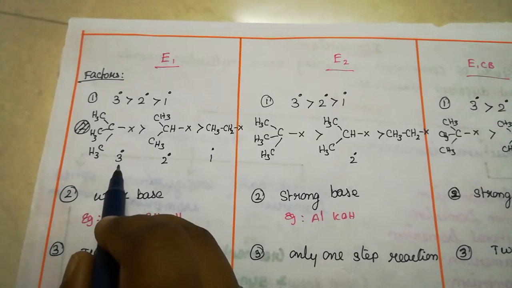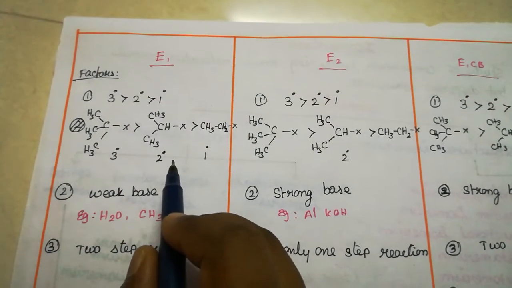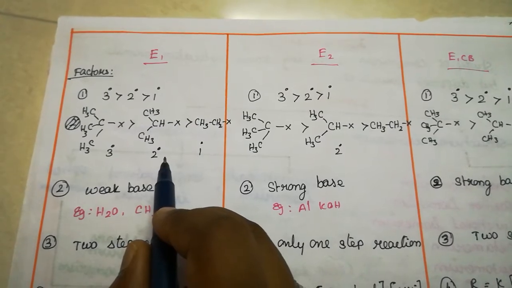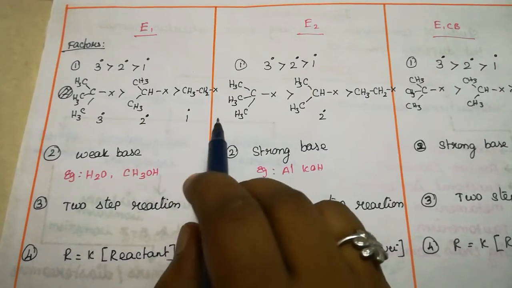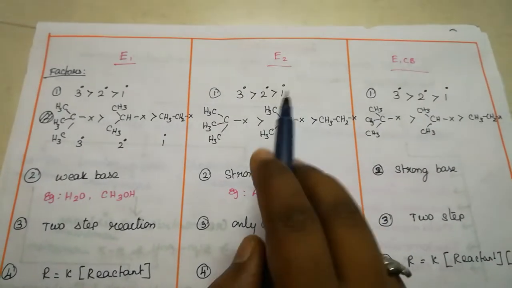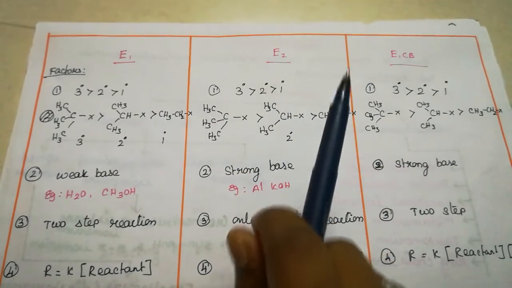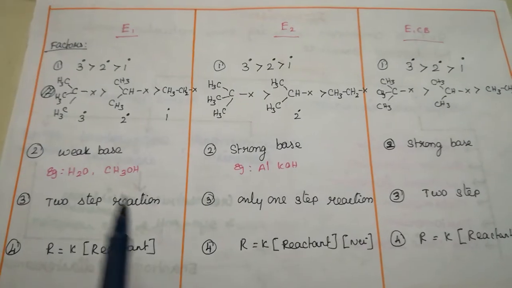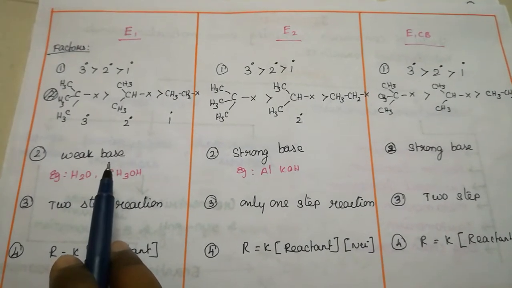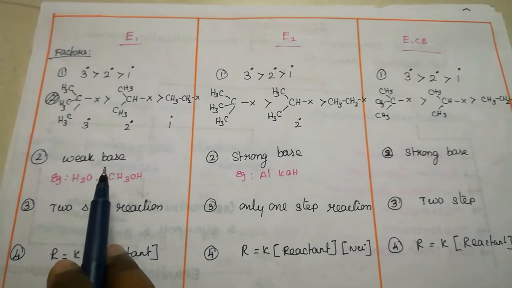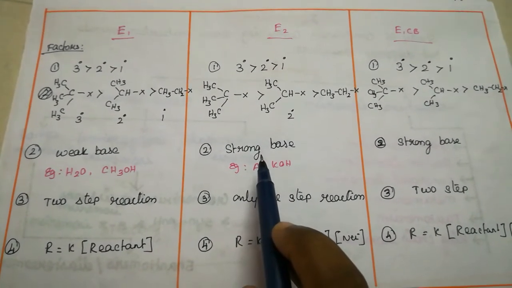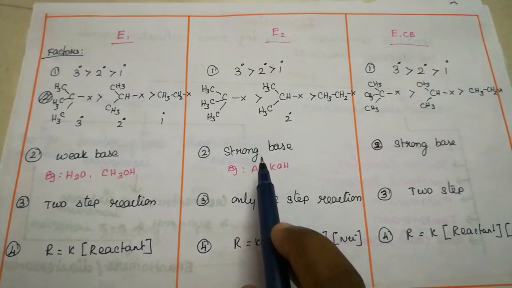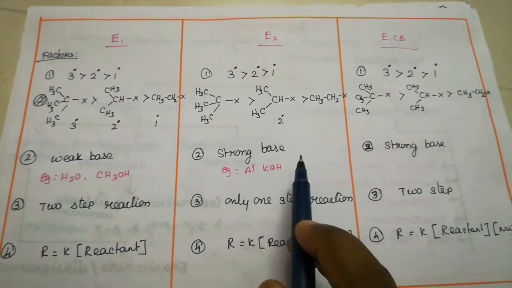This is tertiary, this is secondary, and this is primary. Here also it is the same. This reaction only happens in the presence of a weak base. Here the presence of a strong base allows the reaction to proceed forward.